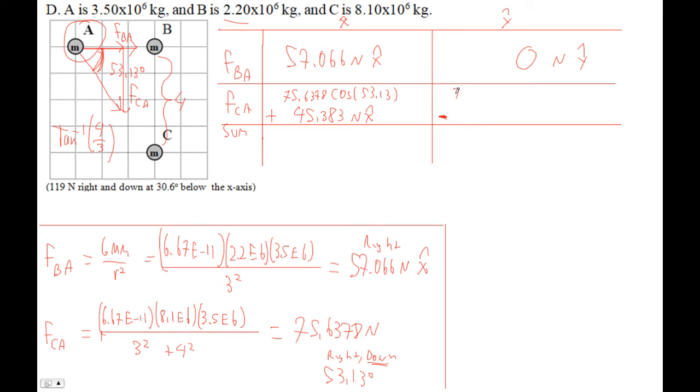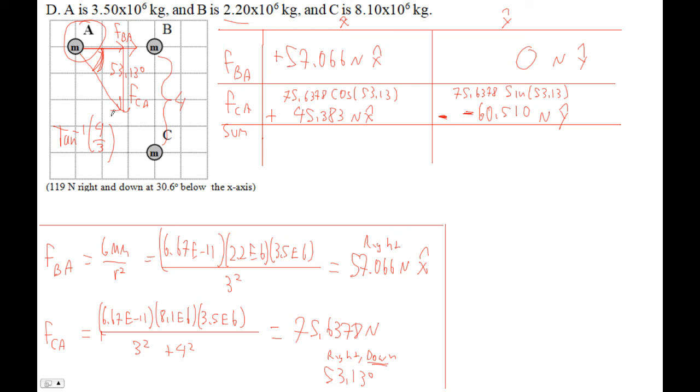Okay, so this is 75.6378. And let's go sine 53.13. All right, so I'm just going to take that same thing and change that cos to a sine. 60.510. All right, and this is negative that many newtons in the y direction. Okay, so this guy's in the positive x direction because B is pulling A to the right.